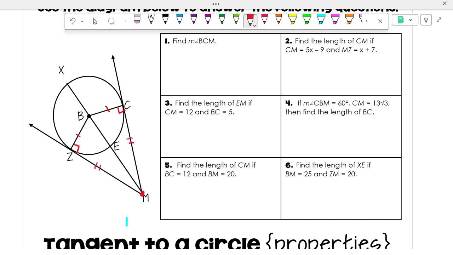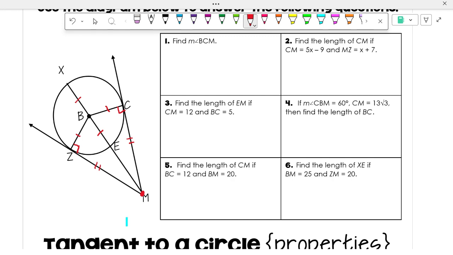Congruent. Now, BE is also what to BC and BZ? Congruent. And same thing with BX, they're also congruent.